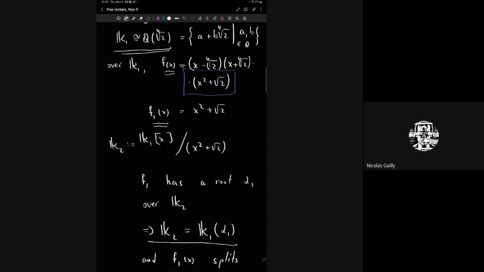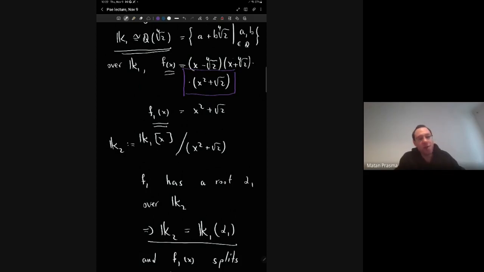And what we showed last time is that this construction is always isomorphic to simply taking K1 and adjoining some abstract root of the polynomial you mod out with.